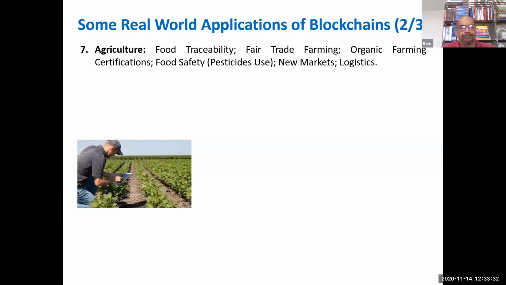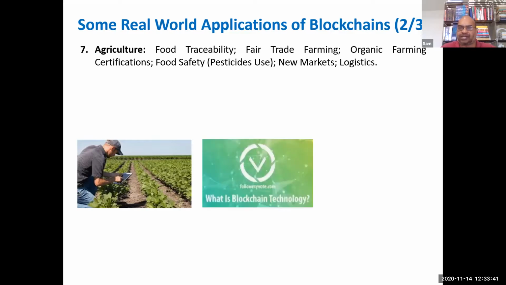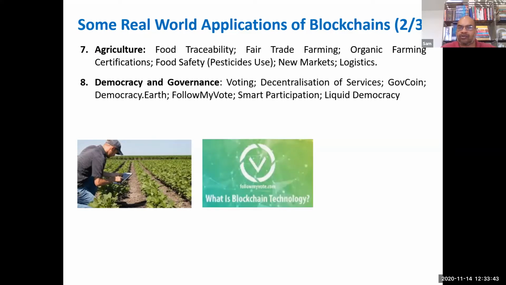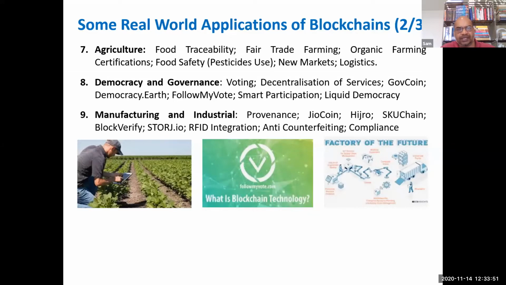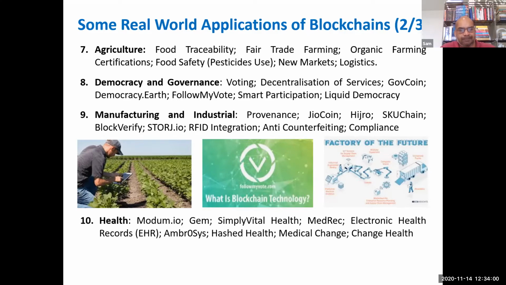There's more. Agriculture, food traceability, fair trade farming, new markets, logistics, democracy, voting, decentralization of services, smart participation, some examples over there. Smart factories, smart manufacturing, all those examples over there.